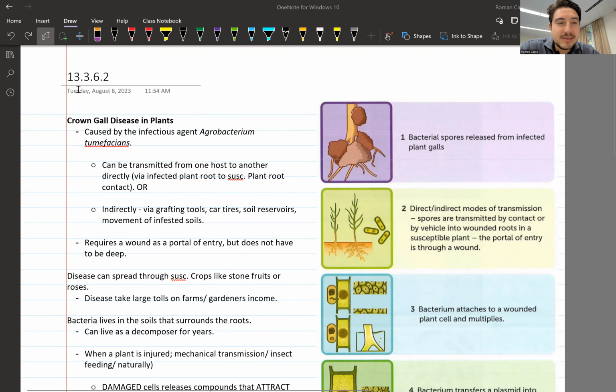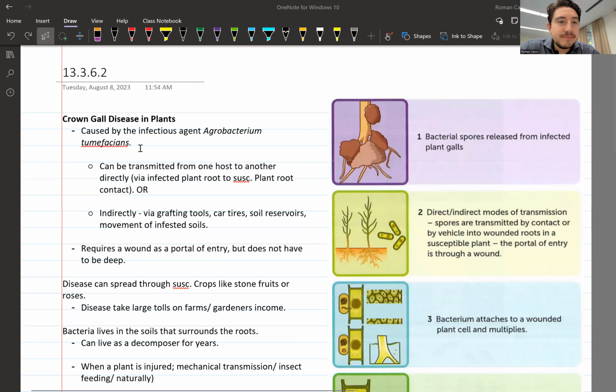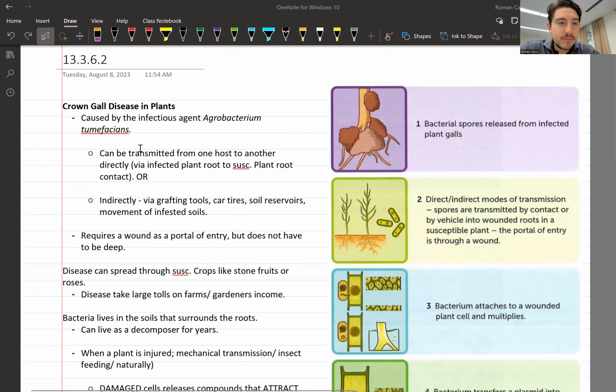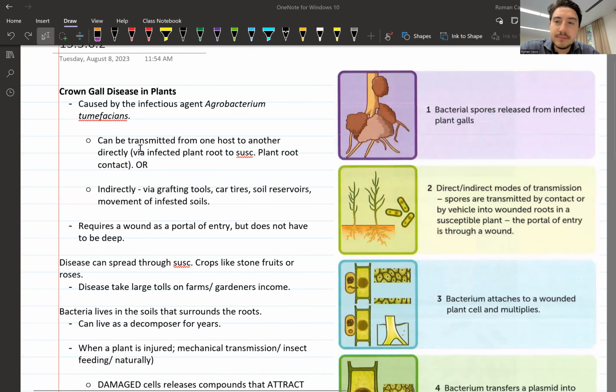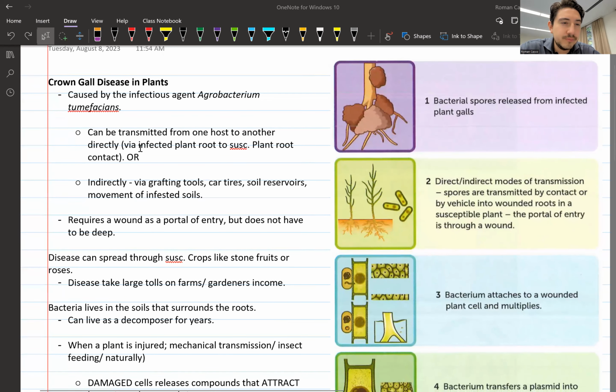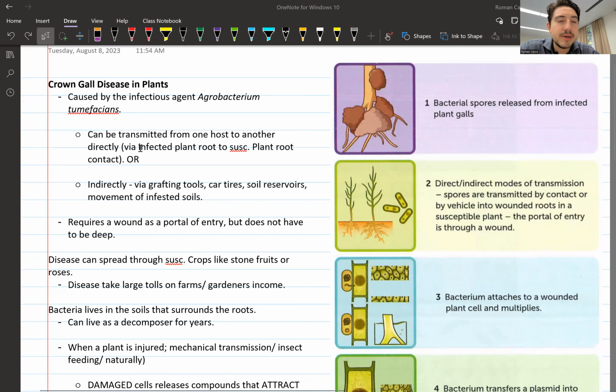So I made this little annotation, 13.3.6.2, before we get into fungi. All right, so we're talking about crown gall disease in plants.